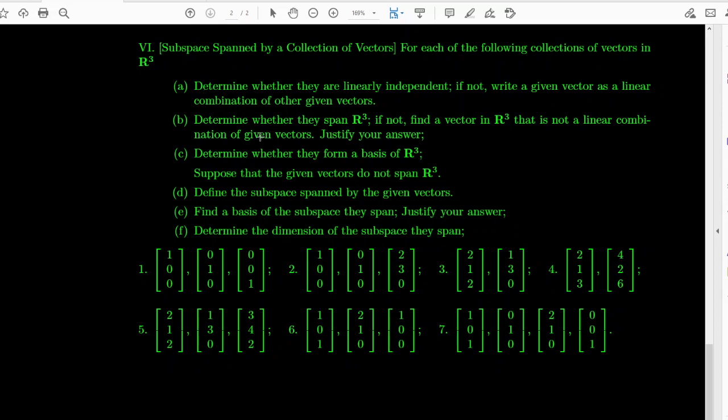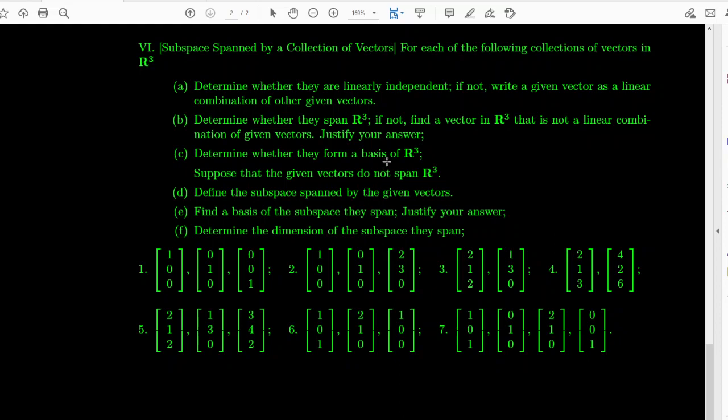If the answer to that part is yes, you do not have to answer the second part. And then determine if they span R3. No rows consisting of zeros. The answer to that is yes, so you do not have to answer the second part of the question.